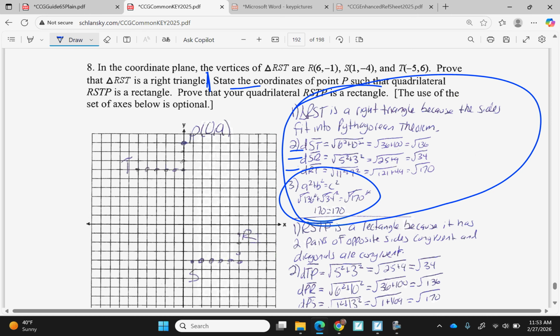The next part's what I want to talk about. State the coordinates of point P such that quadrilateral RSTP is a rectangle. RSTP. Well, right now I just have RST. So if RSTP is going to be a rectangle, I know that it's going to be somewhere in this general area. So to figure out exactly where it is, I'm going to count.